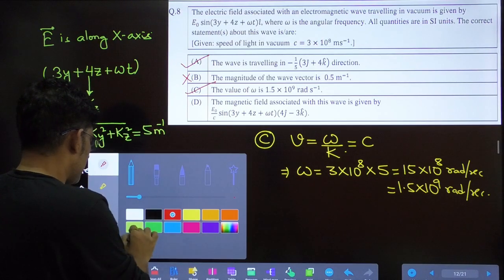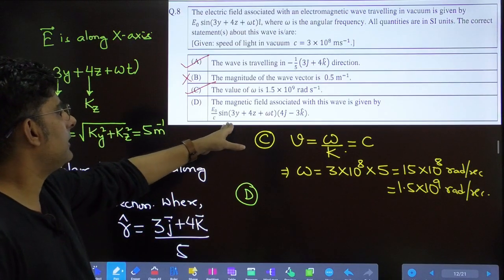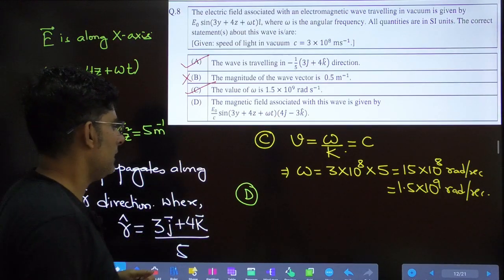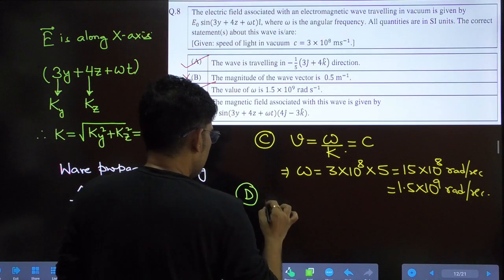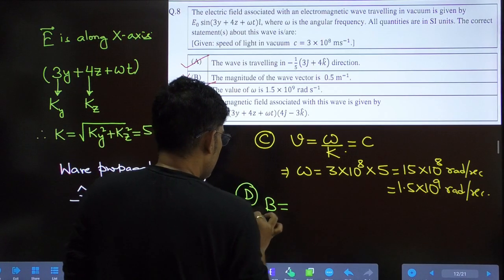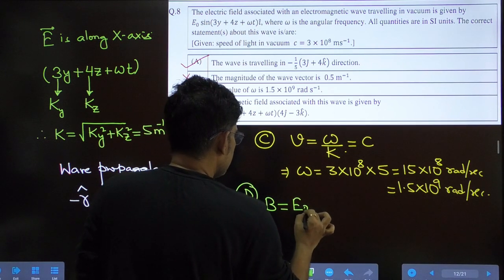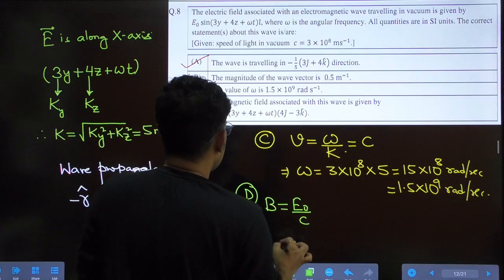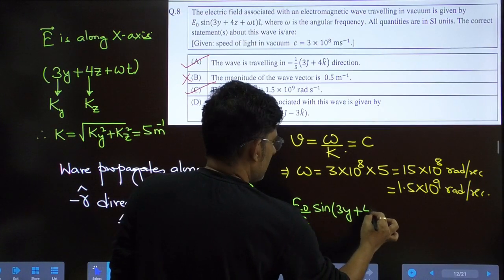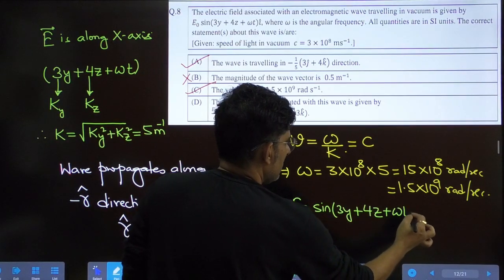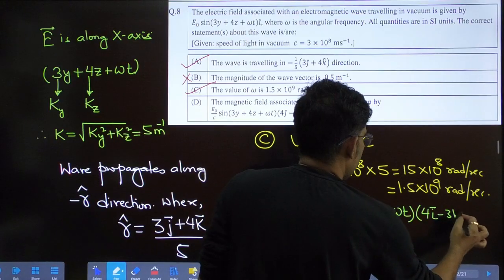Now comes the last option, which is option D. They are asking whether the magnetic field associated will be in this direction or not. If suppose B is as they have written, E naught by C sine of (3y plus 4z plus omega t), and they have attached (4i cap minus 3k cap).